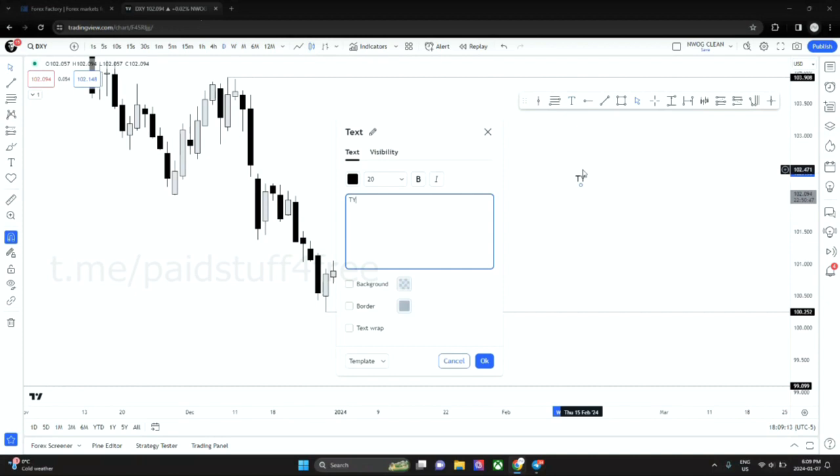So for the true year open, you need to be using the weekly time frame for it to work to its full effect.